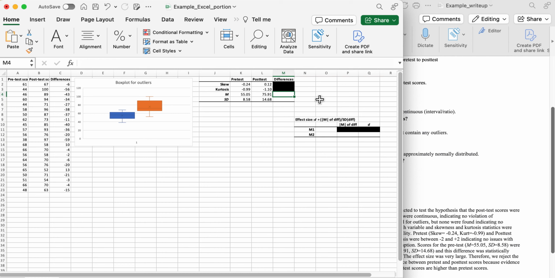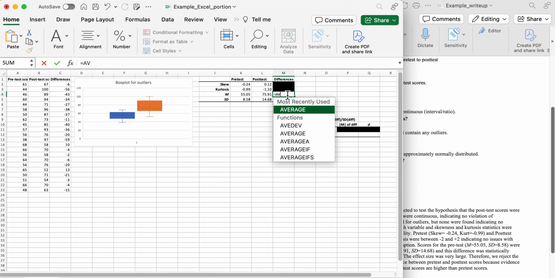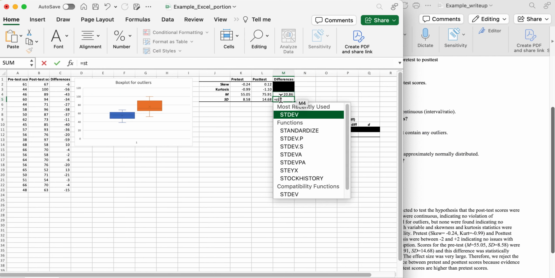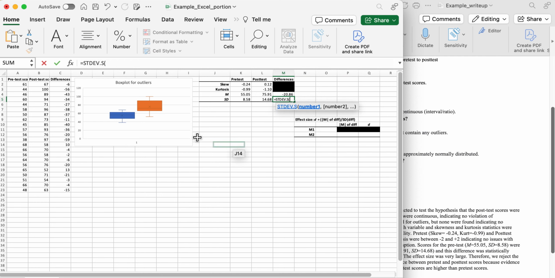I do need this for calculating the effect size though. So I'm going to get the average of the differences and the standard deviation of the differences. Okay, so I have that completely filled out now.